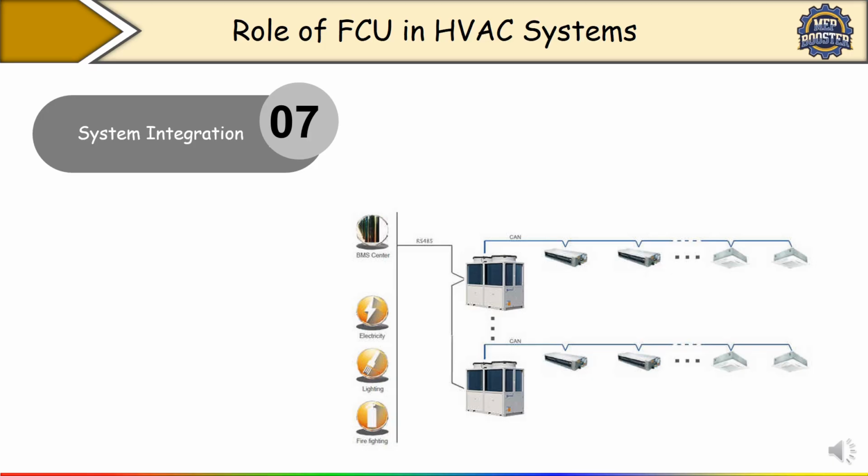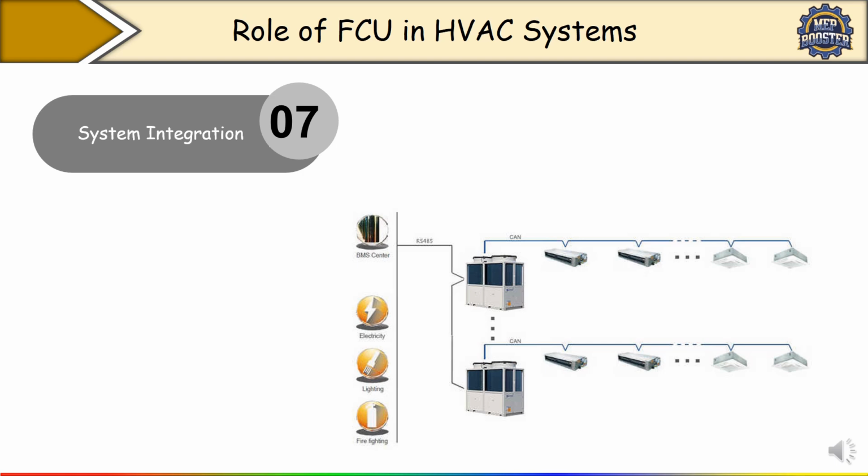Okay, so in a modern office building, when you see what happens there, each zone or room has an FCU connected to the central chilled and hot water system. The building management system monitors and controls the temperature of each zone remotely, adjusting the settings based on the occupancy and external conditions to optimize energy use and comfort.